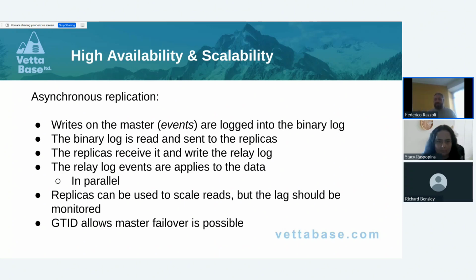Master A dies for some reason, and then one of the replicas can be promoted to the new master, and the other replica will connect to it, and basically it will use the same GTID as a coordinate to find the new events to be replicated. So yeah.